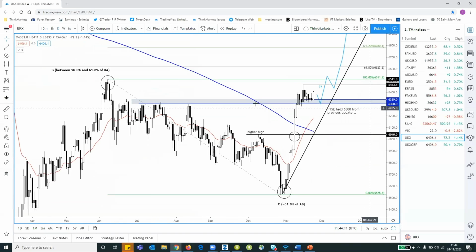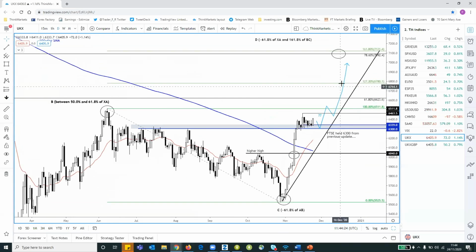Then we have this downswing from point B to point C. And because we are very close to the 100% extension of that, I have deleted all the retracement levels, leaving out the extension levels. So we have the 127 here and the 161.8 coming in around here. So as you can see, the 78.6 of the larger downswing and the 161.8 extension of the smaller correction converge around the same area.